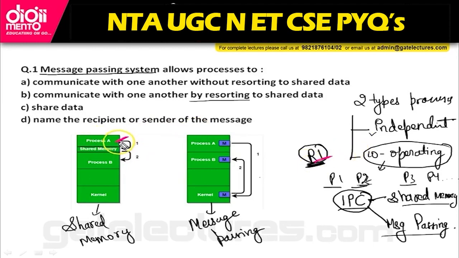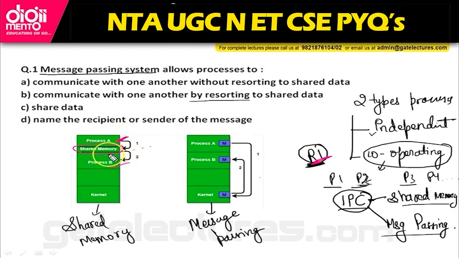It will put all the information in the shared memory, saying that I have used this data and updated these values. Process B, which is also sharing this data R1, will take that updated data from the shared memory and then start its execution.